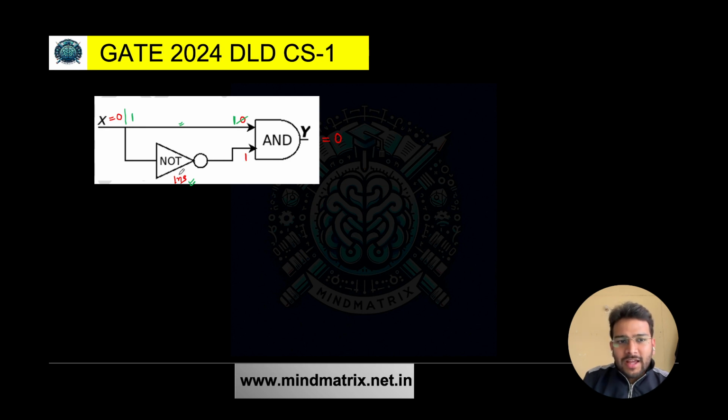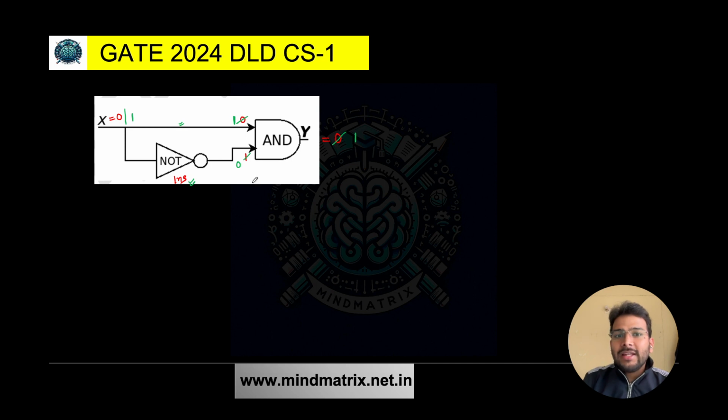So can I say when we are considering this delay, then the value of this y output, final output, will become 1 here because 1 and 1 will give me 1 now. Right? And then after 1 nanosecond, it will settle down and 1 will become 0 after 1 nanosecond of delay.